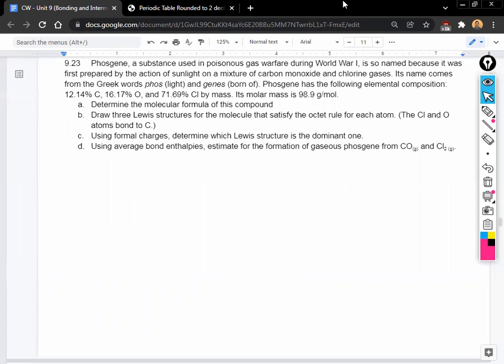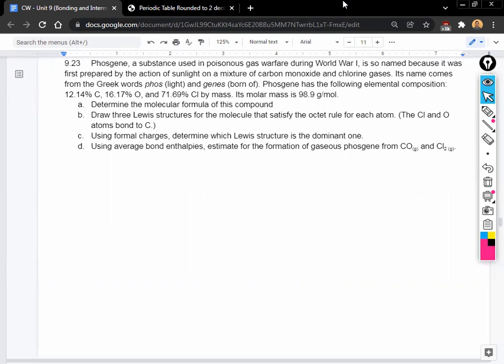Okay, phosgene, which is actually one of my favorite chemicals. It's a substance used in poisonous gas warfare during World War I. Okay, and it's named so because it was first prepared by the action of sunlight on a mixture of carbon monoxide and chlorine gases. So if you guys ever get your hands on carbon monoxide and chlorine gas, and you put it in the sun, you can make phosgene.